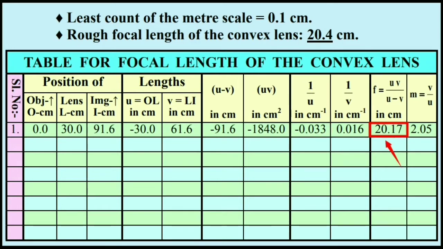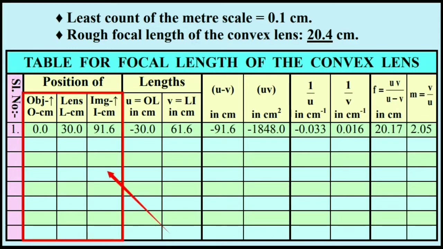The focal length of the lens by the formula 1 by f equals 1 by v minus 1 by u is 20.17 centimeter, and the magnification v by u is 2.05.